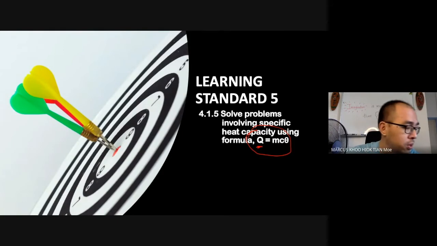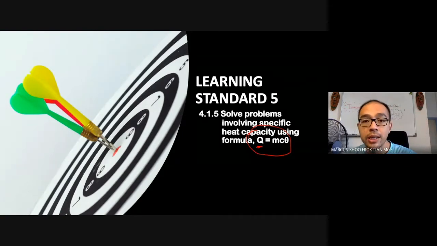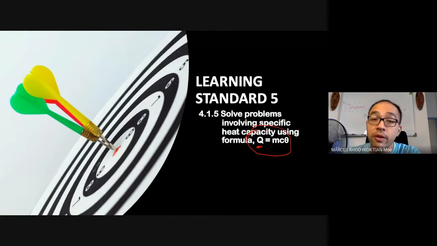So this is our job for today. It's on page 88 of your module. If you don't have the module, then take a look at the soft copy version that I gave you.